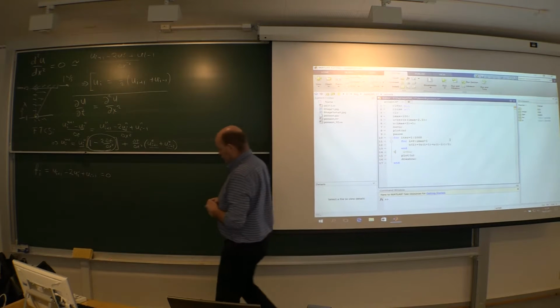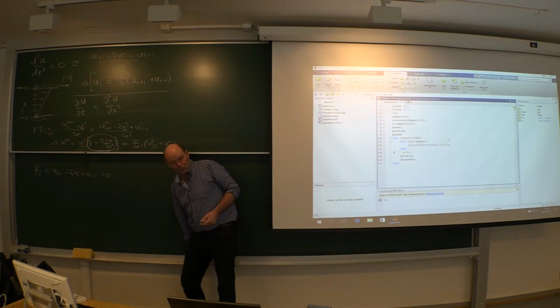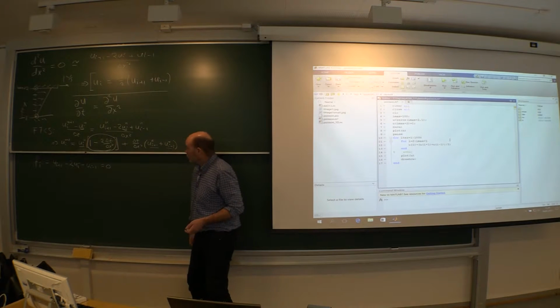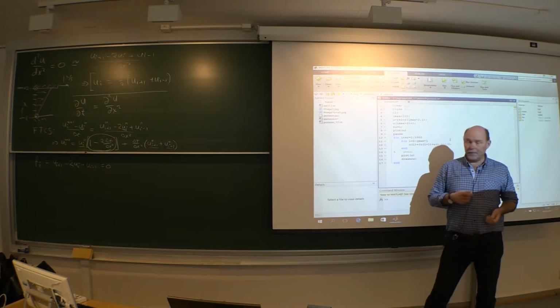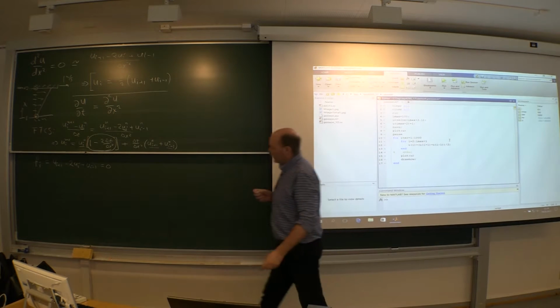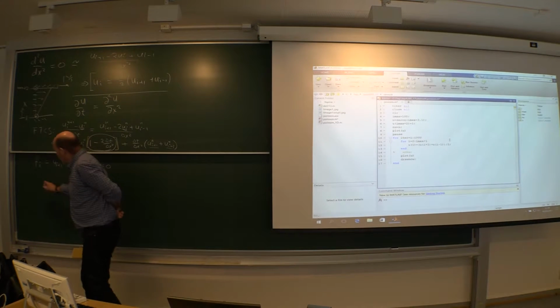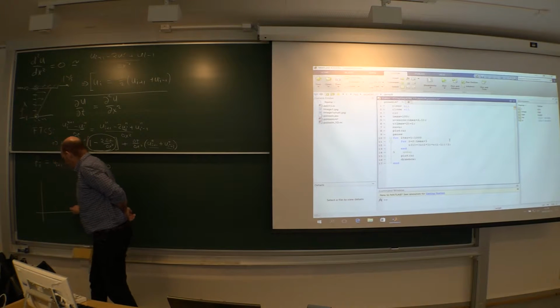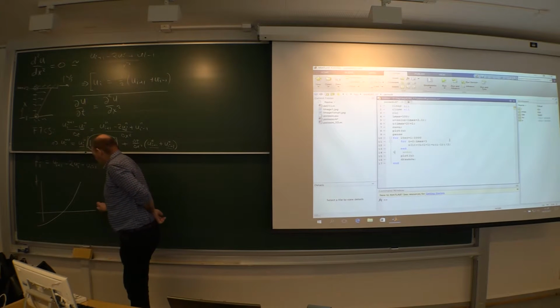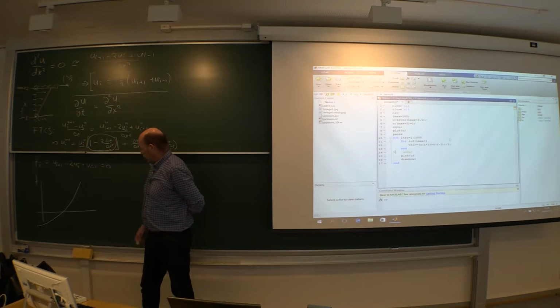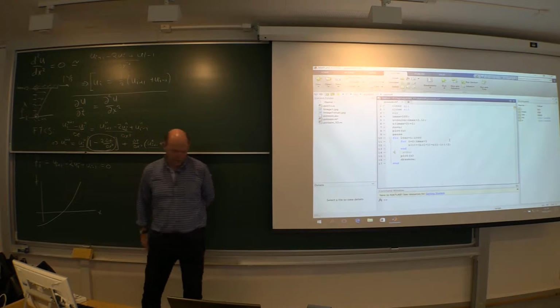How to find a 0 for a function? Well, you have something called a Newton-Raphson iteration procedure. So say here you have your function f with respect to something, for instance x.